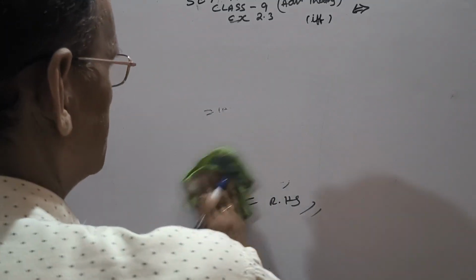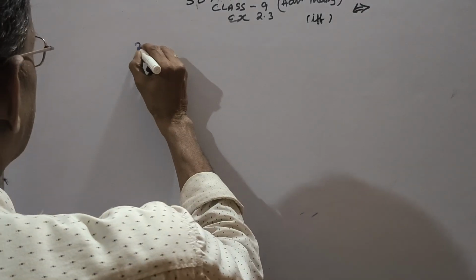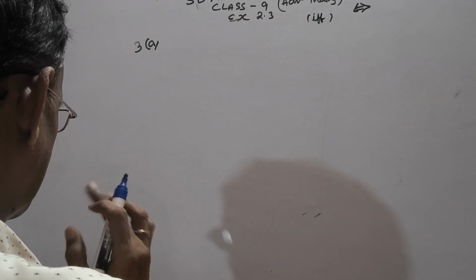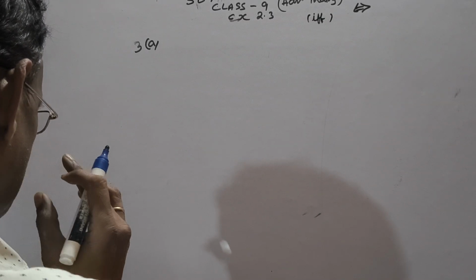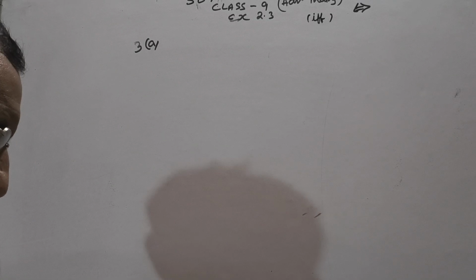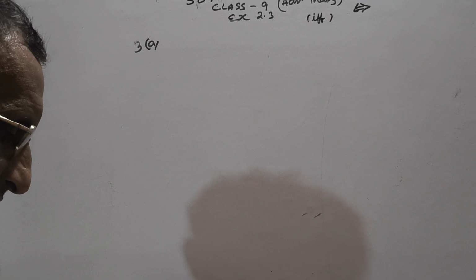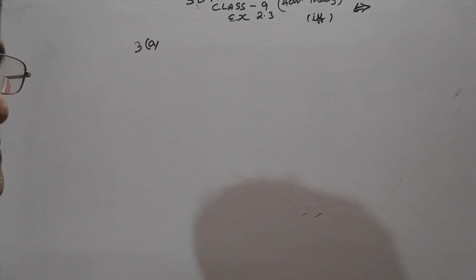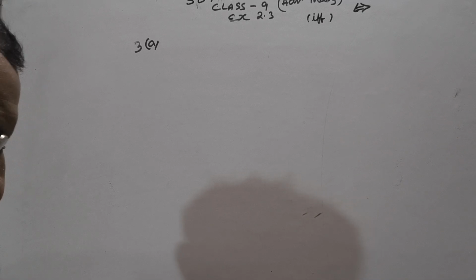Question number 3: question A, question B is the associative property of intersection, so all this you have done already, no? Question C is also a property, question D is the distributive property, and De Morgan's law we have done in the previous classes. So go to 3 number A.